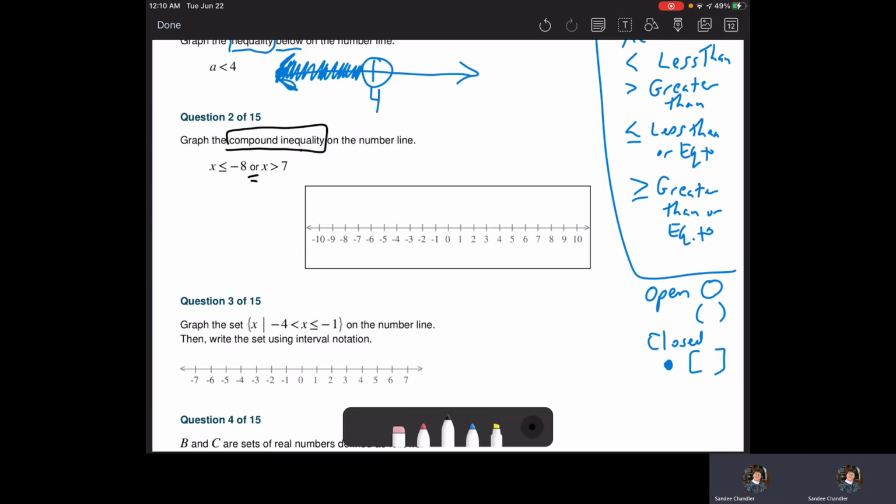So we're looking at -8, and we see that we have an equal with the -8, so that's going to be a solid dot. And it's less than the -8, so it's everything to the left. Or greater than 7. So 7 doesn't have the equal, so it's open, and it's everything to the right, because that's greater than. All right.